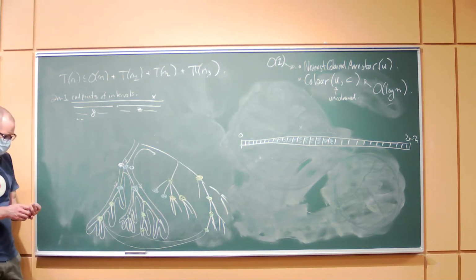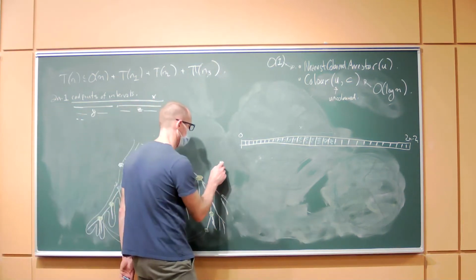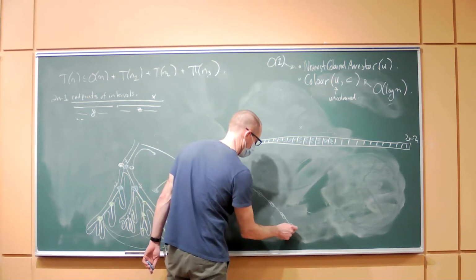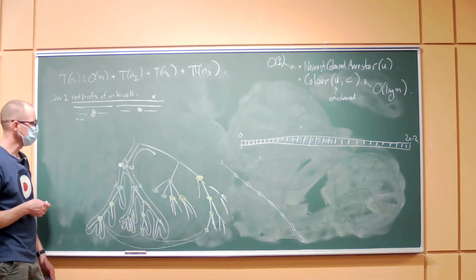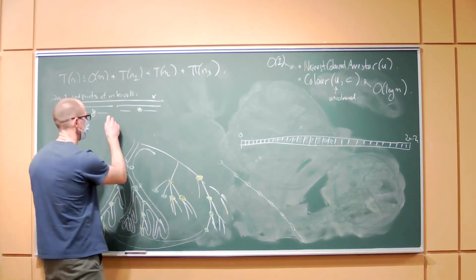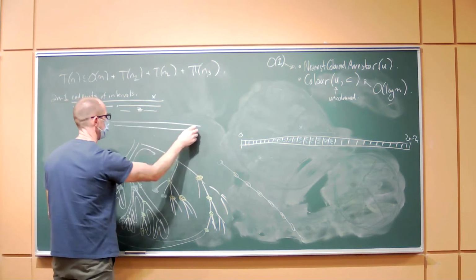But if you think about that for a bit, that's not going to work so well either. Because you can have a tree like this. Its intervals look like this.